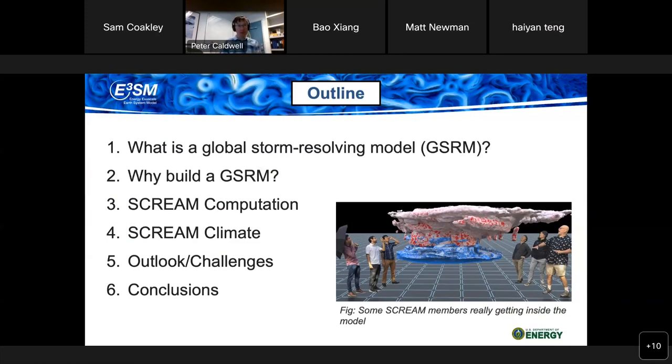And then I'm going to focus in particular on the computer science of the model, because that's the thing that makes us unique among these dozen different models. Talk a little bit about our experience with what gets better with the climate and what doesn't. And then step back and talk about what I think are the challenges and outlook for these models before concluding.